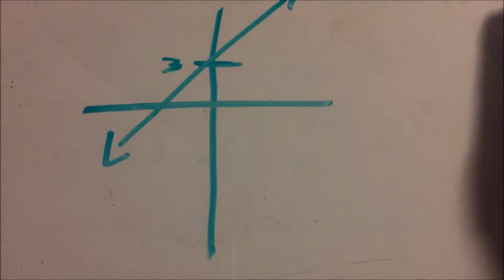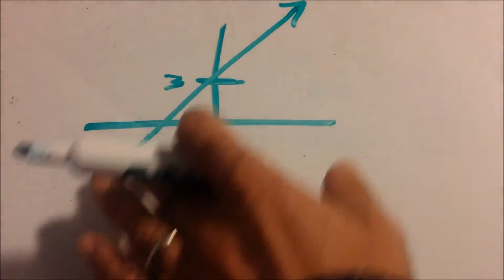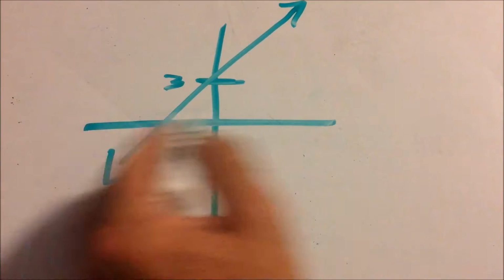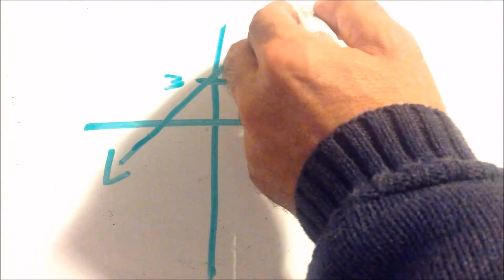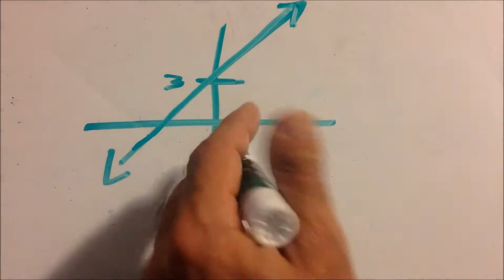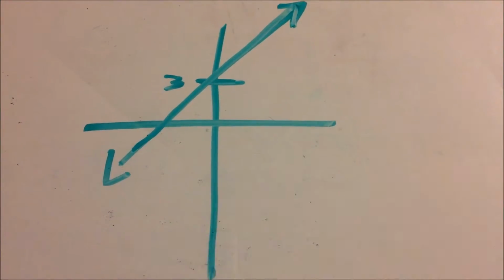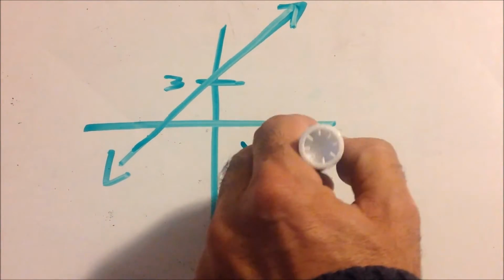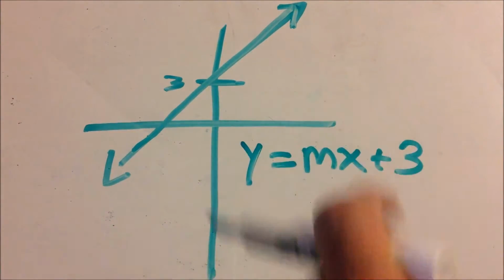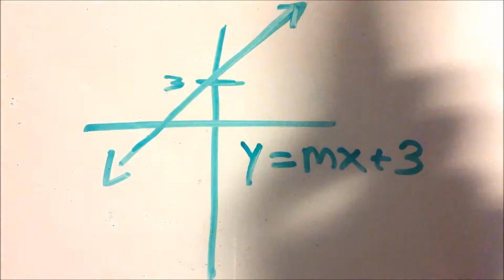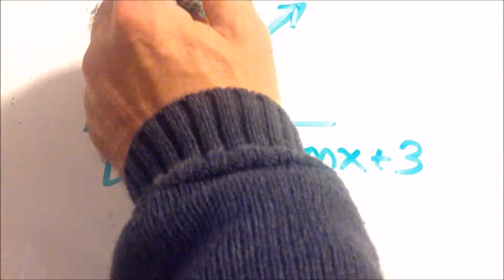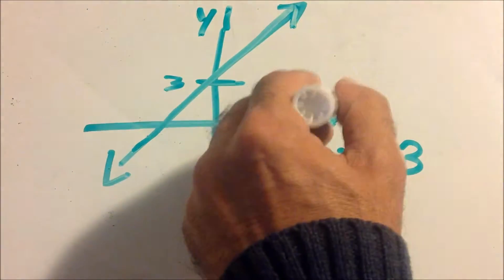Make sure you put arrows. We know this is a positive line because from left to right it's going up. The y-intercept is 3. We don't know what the slope is yet. So this is y equals mx plus 3 because we know it's going through 3 on the y-intercept, on the y-axis. Remember, this is the y line, that's the x line.